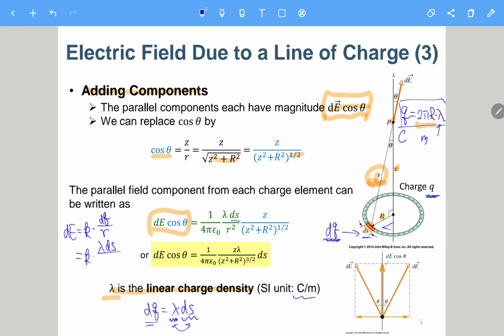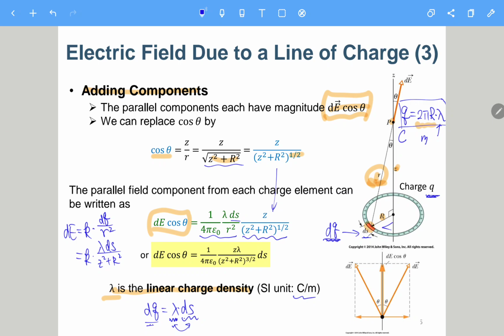And then r, similarly, using the Pythagorean theorem, r squared should be z squared plus capital R squared. So altogether we have this expression multiplied by this one, which is the cosine of theta.